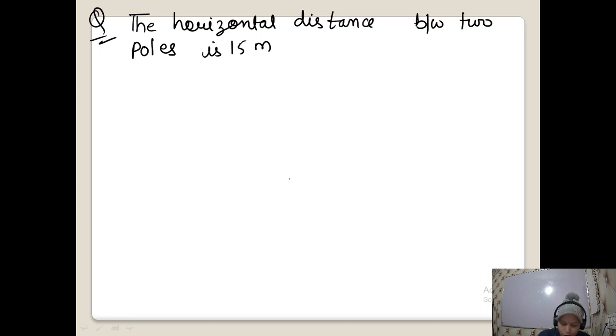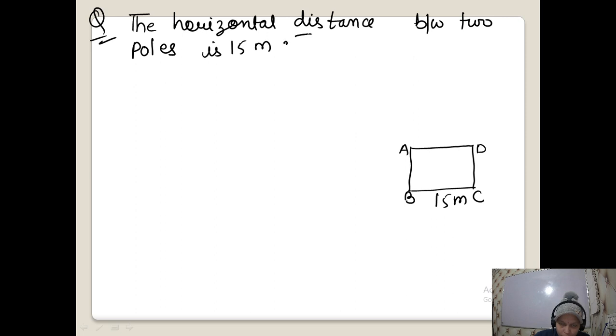You can draw two poles here. This is two poles, and the distance between these two poles is given as 15 meters, and you can name them BC, or you can draw this line which is parallel to BC, AD.